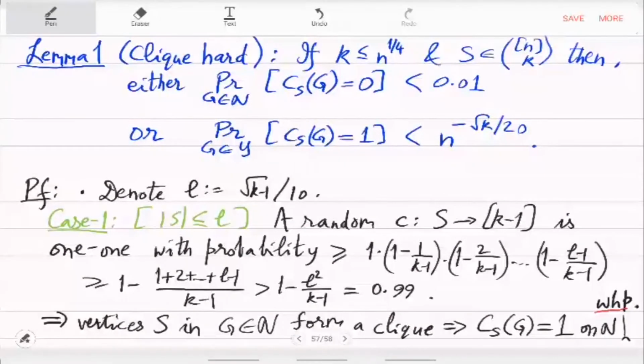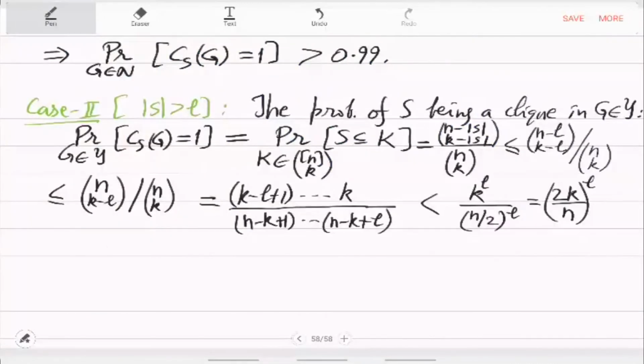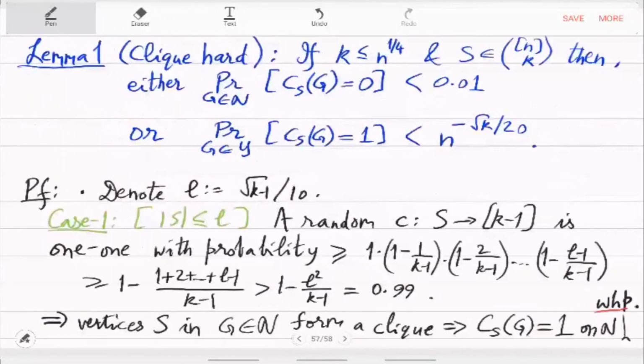What is K by n? K by n is smaller than n raised to 1 by 4 divided by n, right? So n raised to minus 0.75. So all this is certainly smaller than n raised to minus 0.7 L. And what is L? L is root K by 10.